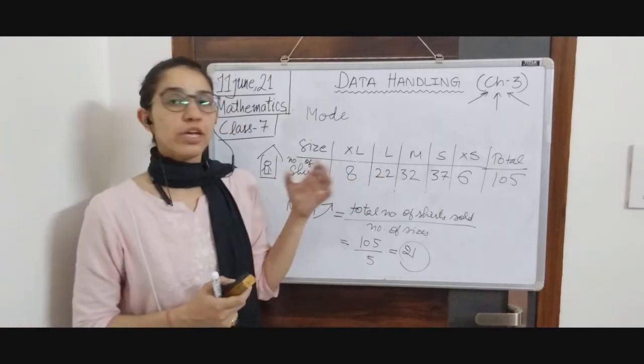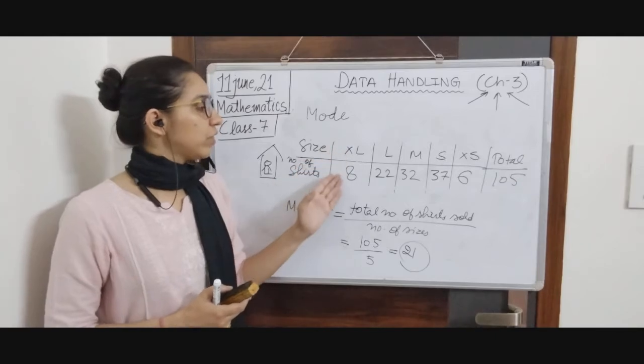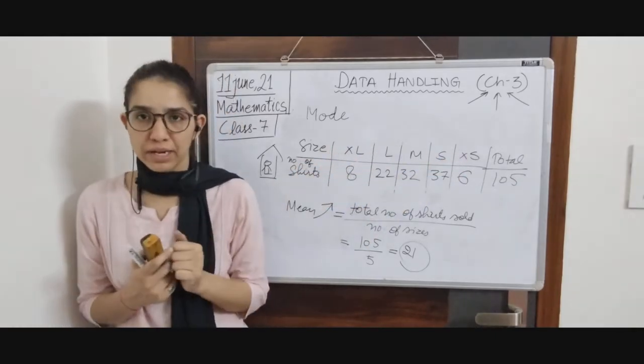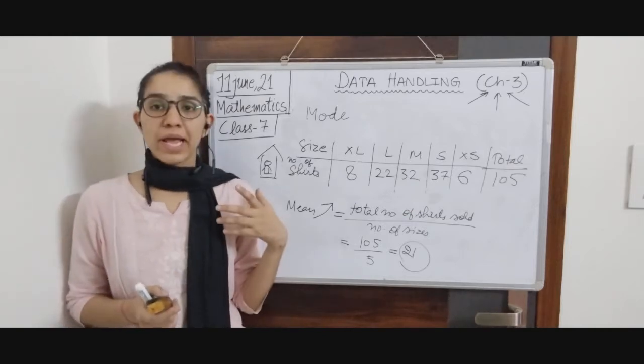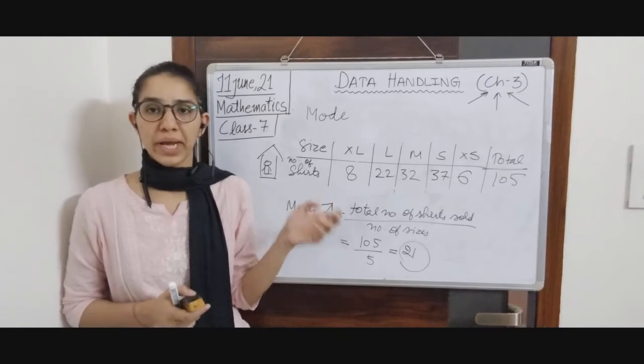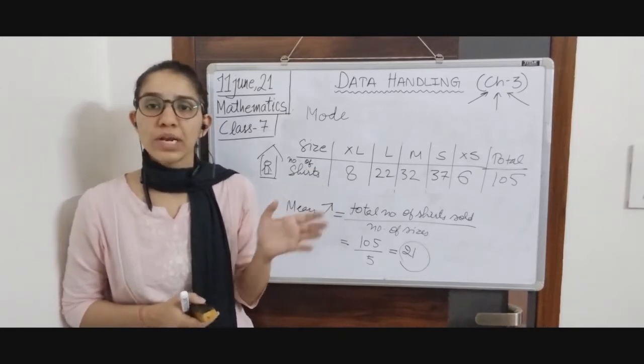Does that mean he should buy 21 shirts of each size? Will that be intelligent enough? If he does that, will he be able to cater to the needs of all his customers?